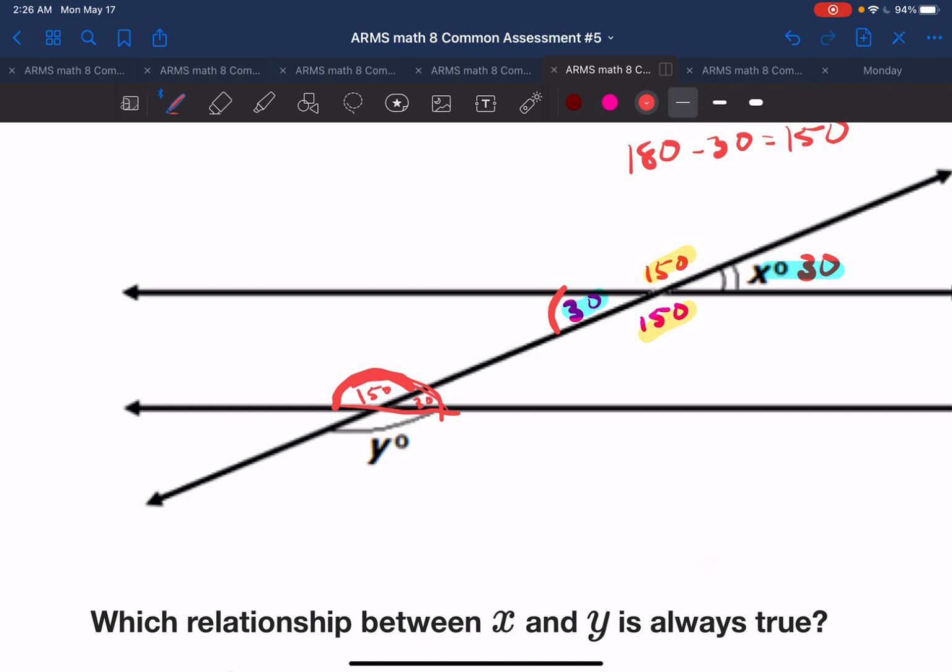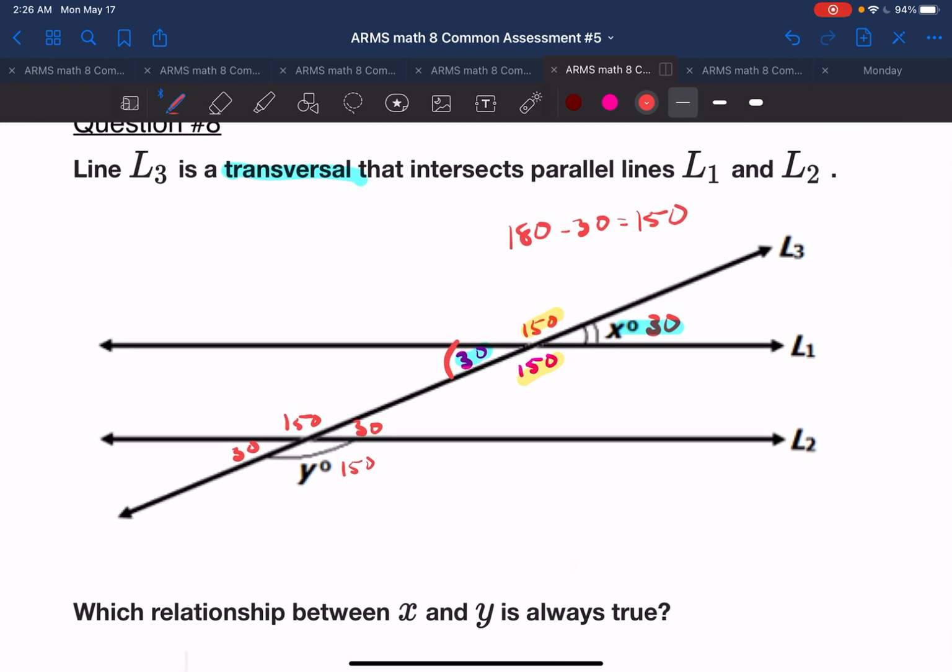So that means that has to be 30, right? And then that means this one has to be 150. This one has to be 30, right? So they're all the same. So all the acute angles are going to be 30. All of the obtuse angles are going to be 150.